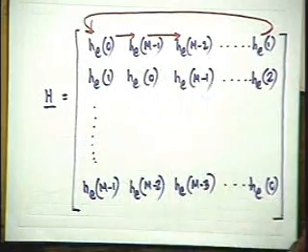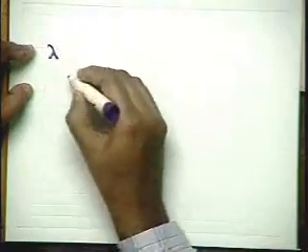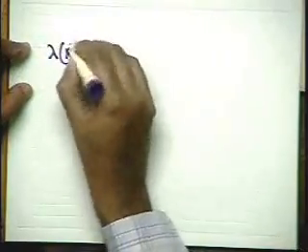And now we define two new quantities. One is a scalar function, which I call lambda with some index k.